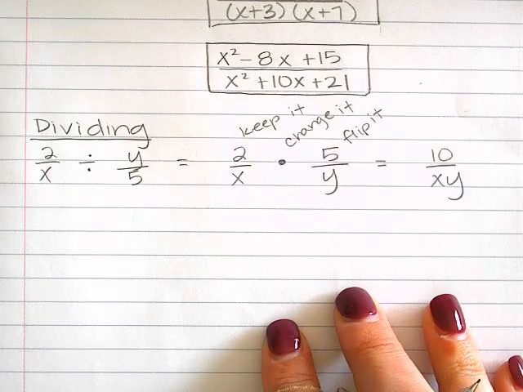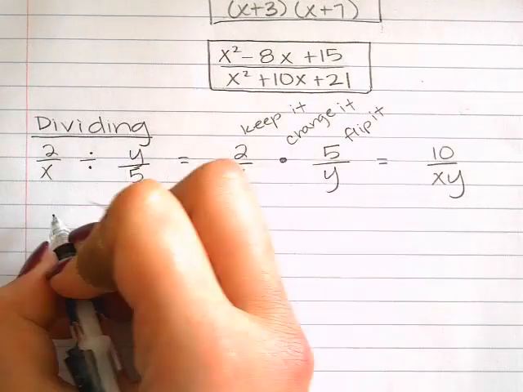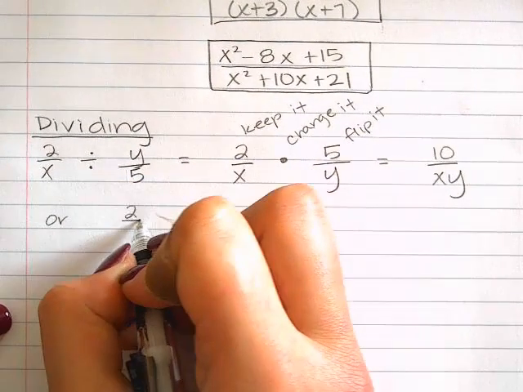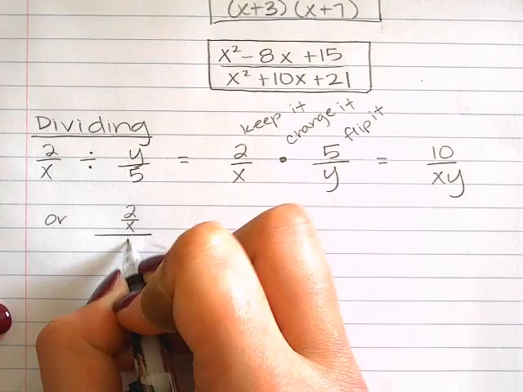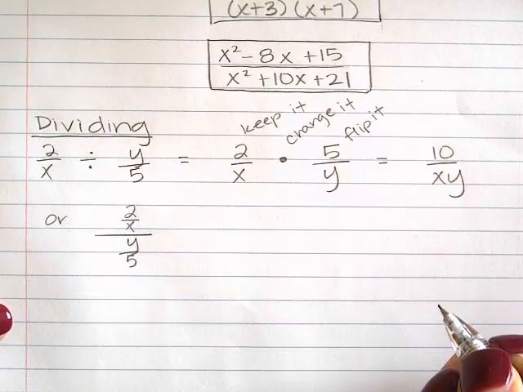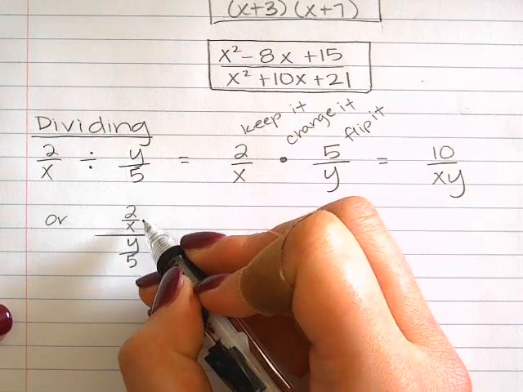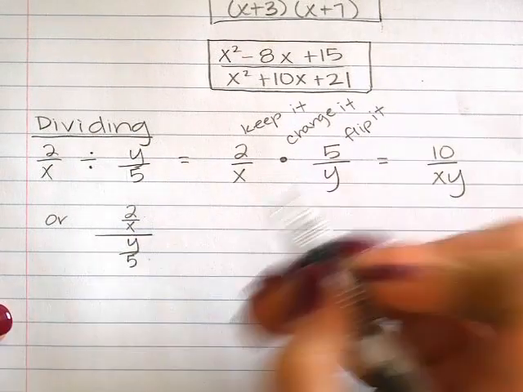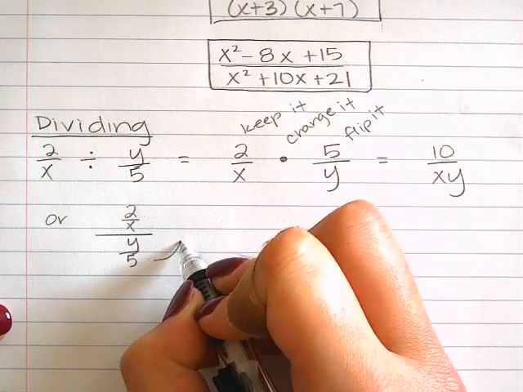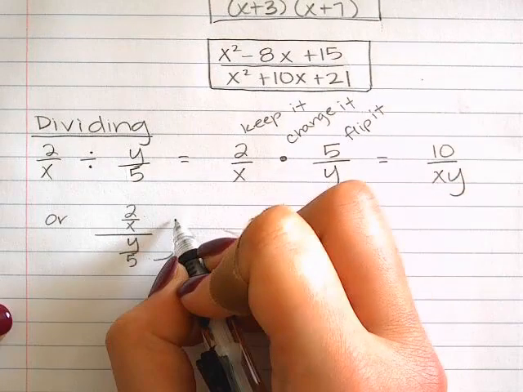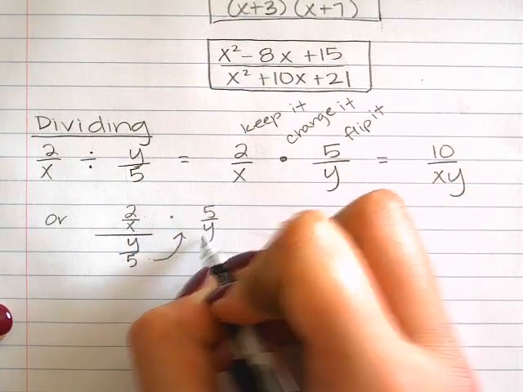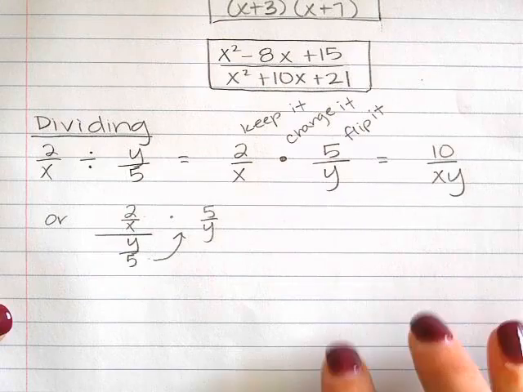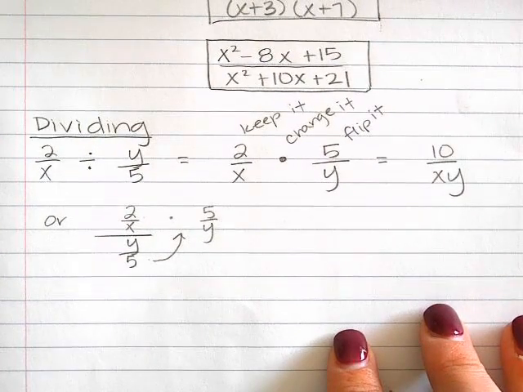It is also possible to see the problem written as 2 over x divided by y over 5. And some teachers would still say keep it, change it, flip it, or some teachers might have said multiply by the reciprocal, so multiply by 5 over y. So I've seen it said a few different ways. Keep it, change it, flip it is typically how I say it because multiply by the reciprocal sounds really wordy.